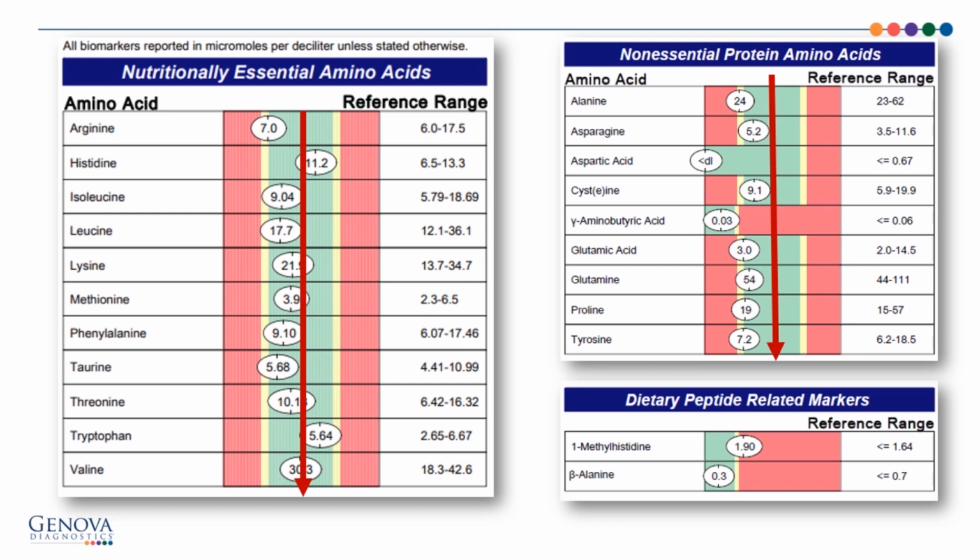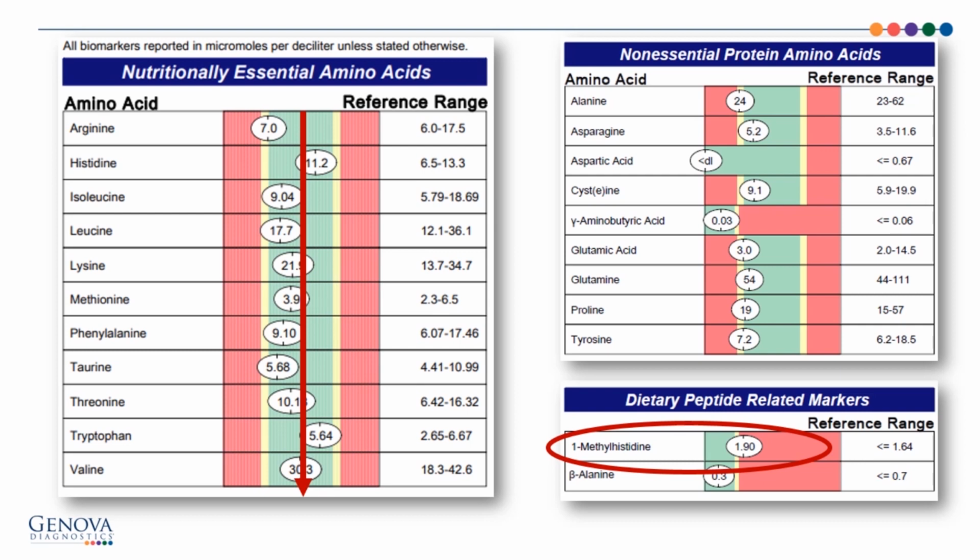The nutritionally essential amino acids may need nutrient cofactors, B vitamins and nutrients, to better convert into the non-essential protein amino acids. In addition, I want to get a sense of the dietary intake of protein. Does it match up with this less than moderate essential pattern? And when I look at the 1-methylhistidine, I see that it doesn't. 1-methylhistidine is elevated here.